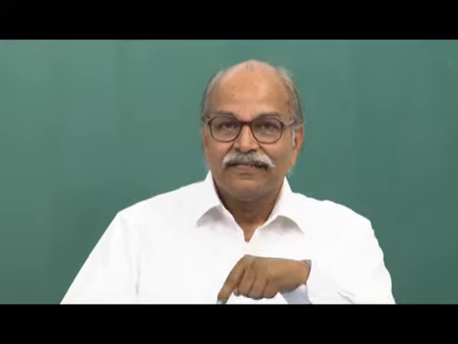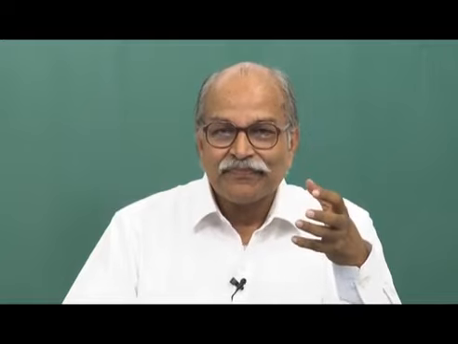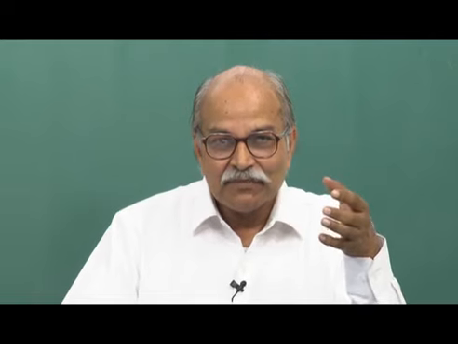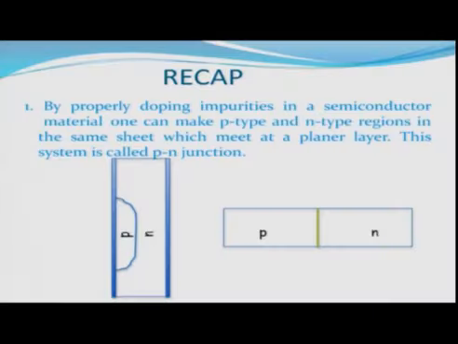One starts with one variety, the entire wafer is, let us say, doped with n type, and then on top of that from one side one makes a more heavy doping of p type, so that the entire thing becomes p type. So, if you have this diagram here, the p-n junction is formed here.